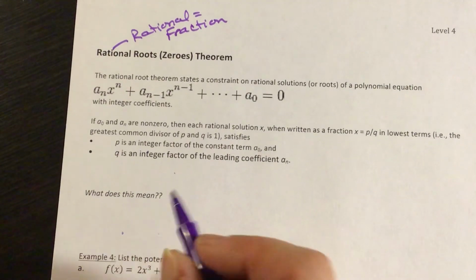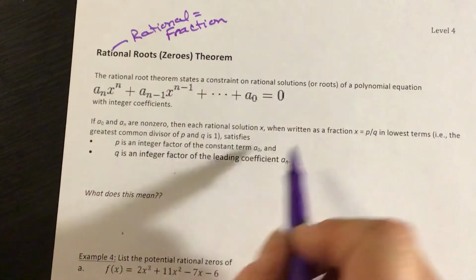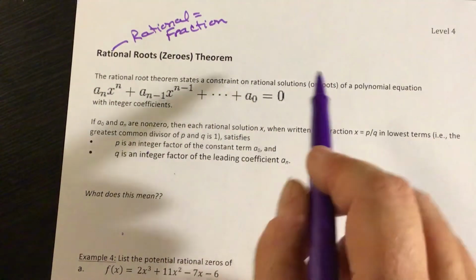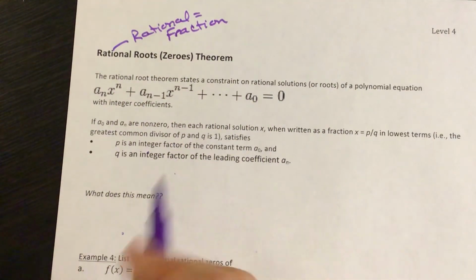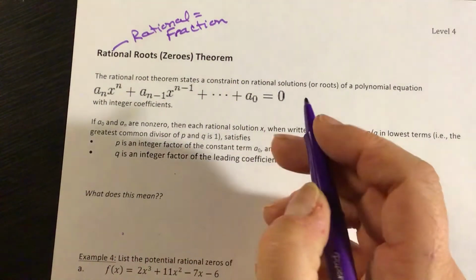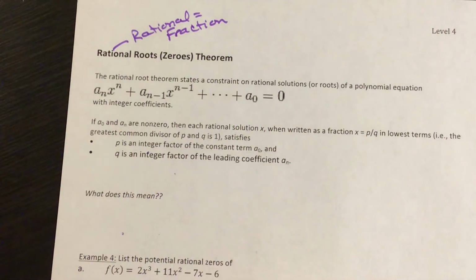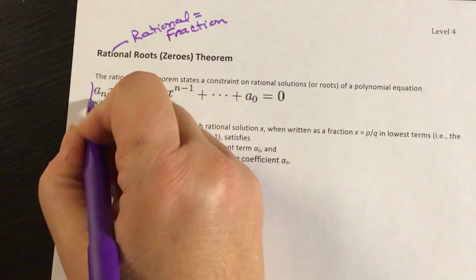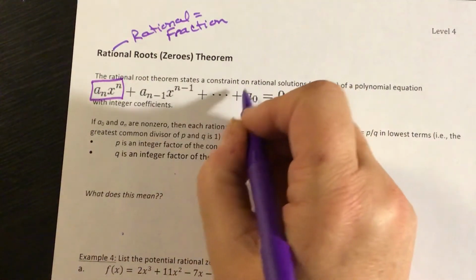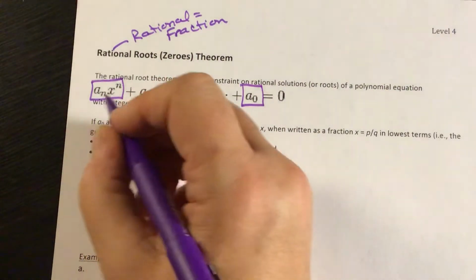All right, so this is kind of hard to understand theoretically, but what all this means is at the beginning of my terms, I have a first term and I have an ending term.